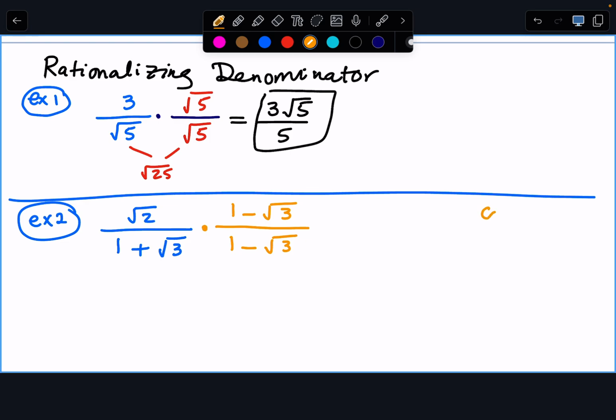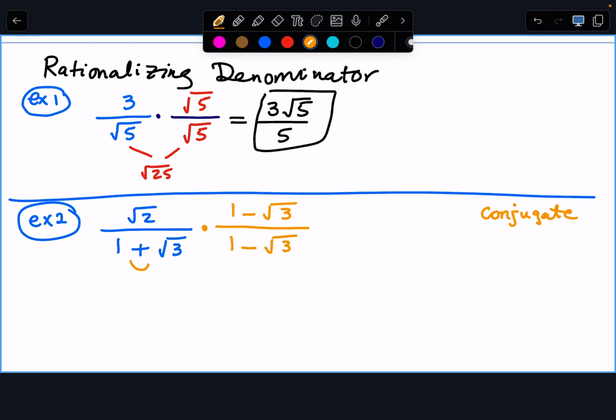Conjugate. That's called the conjugate. The conjugate means if it's added here, you change it to subtraction. If it's subtracted there, you change it to addition. So one of the signs changes. So that was 1 plus root 3, now it's 1 minus root 3. And you multiply top and bottom.